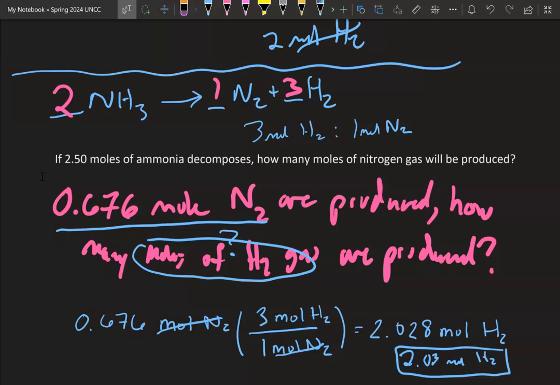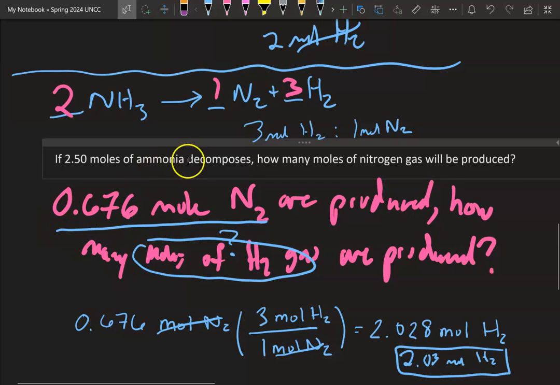Now keep in mind that as you are working this problem, you want to make sure you understand what they're giving you and what they're asking for, and then utilize the roadmaps that we've gone over.